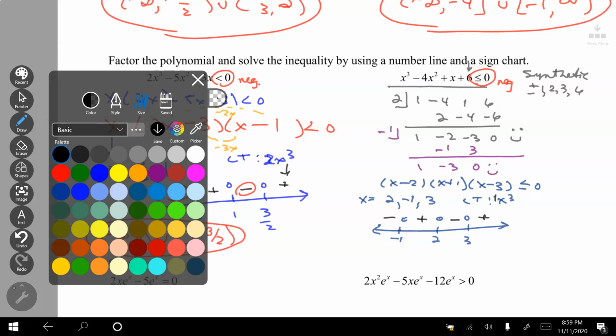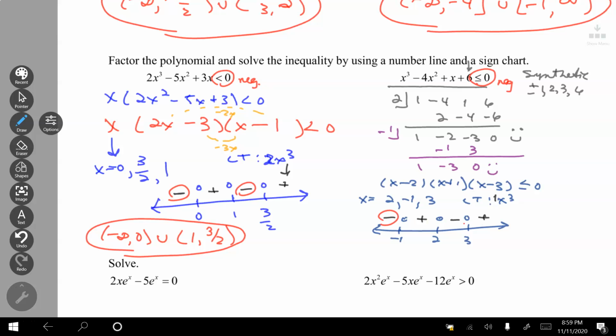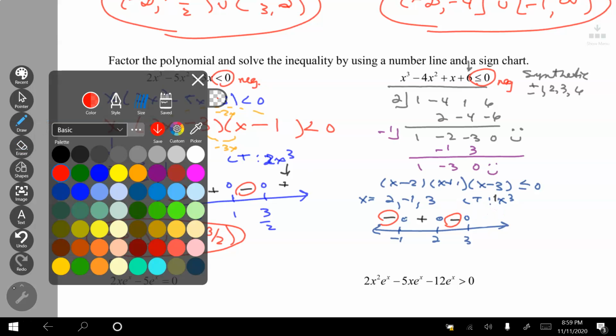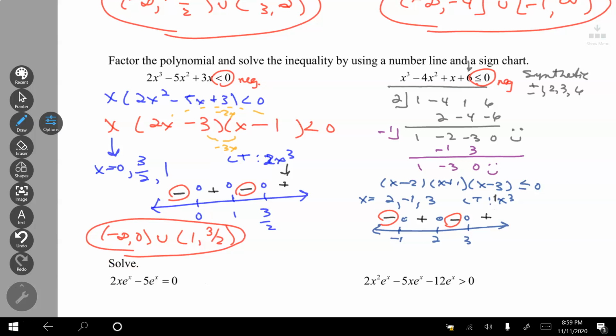I want the negative values, which are here. Oh, just not drawing well today. So my negative values are negative infinity to negative 1, bracket, union, bracket 2 to 3. That's my result.